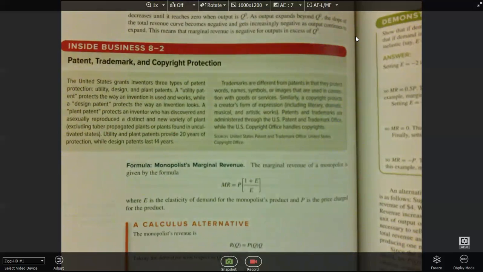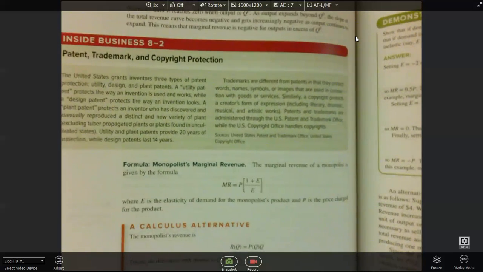So putting this into practice, since the elasticity of demand is -4, right? We're told that in the question. Oh, sorry, -3.